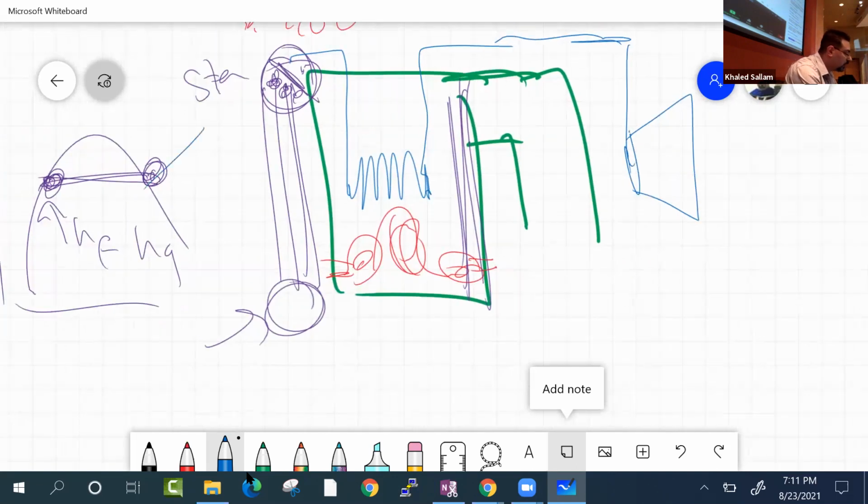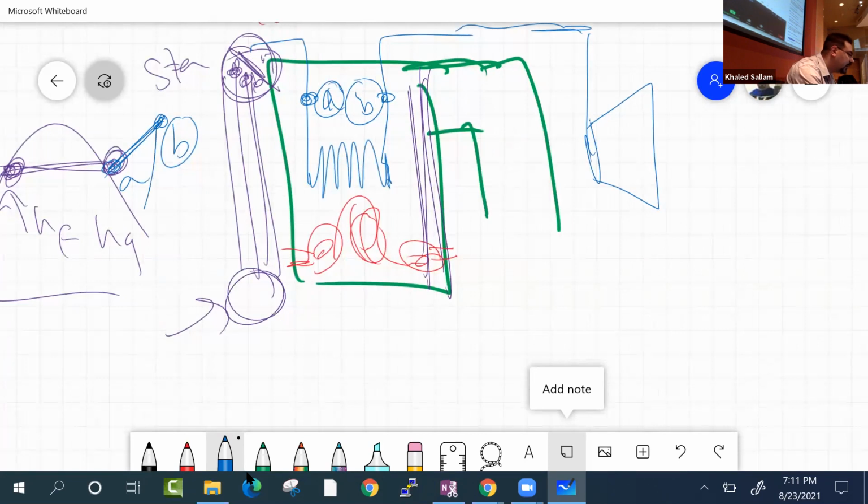After you superheat from here to here, say from point A, you finish at point B. Then you go to the high pressure turbine and you expand a little bit. And now you are going to be really wet. What do you do? You reheat. So what's reheating?